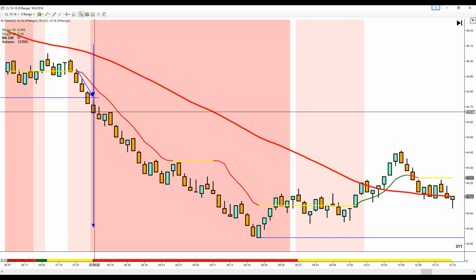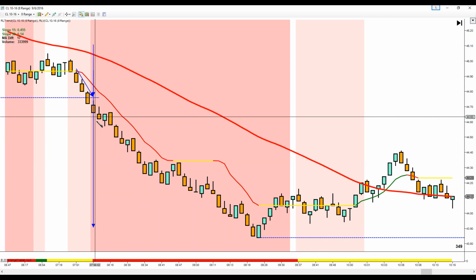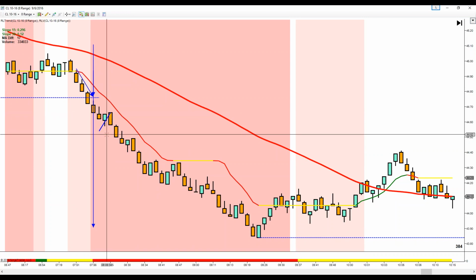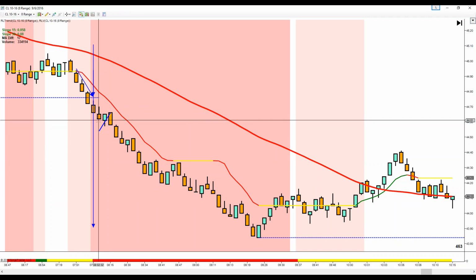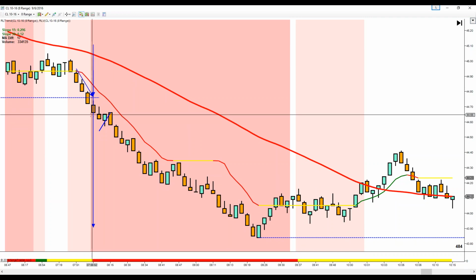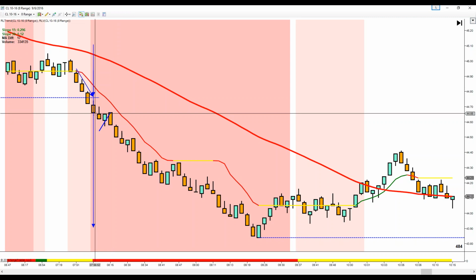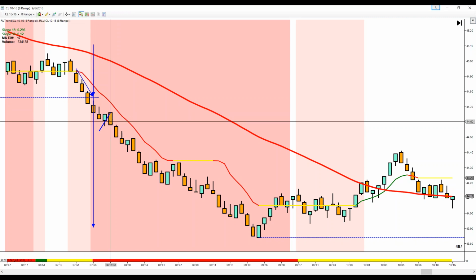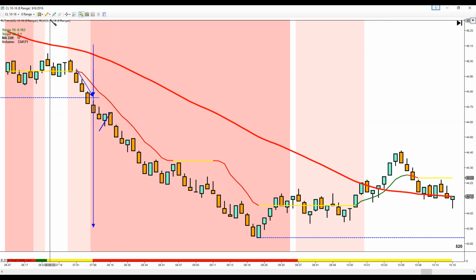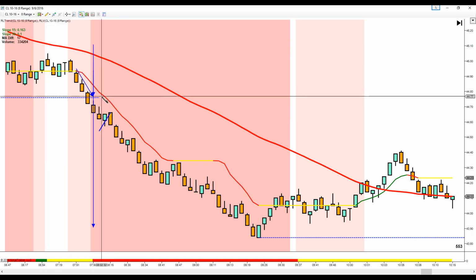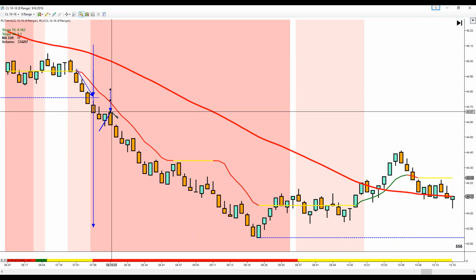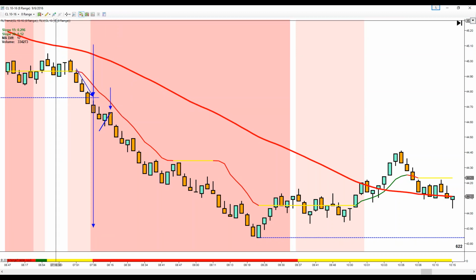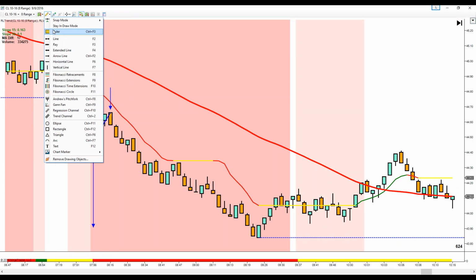What the algorithmic system is looking for is your first retracement right here. It's got to come within 5 candles of the zone. You want to take a trade early in the beginning of a multi-time frame move to the downside. That's all in the automated algorithmic system, which again can be active on any instrument.